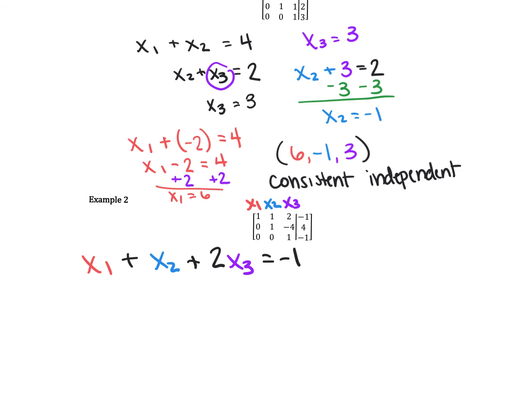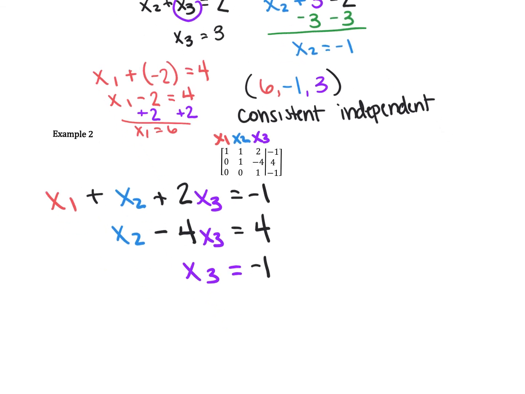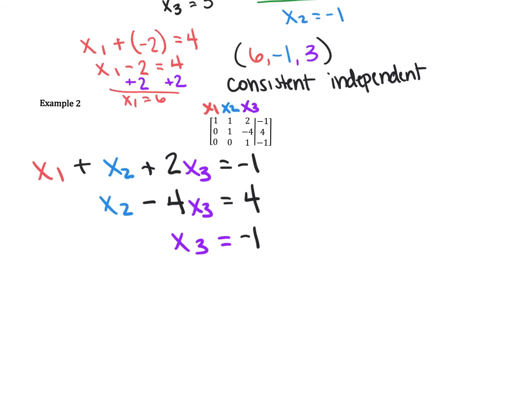Then we have x2 minus 4 times x3 has to equal 4. And then the final equation I have is x3 has to equal -1.